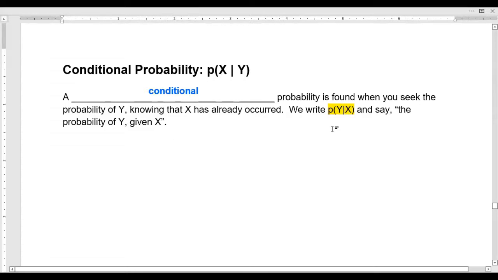Now, this is really very mathy of me to write it out this way. So let's think about an example. So I'll put one in here for us to think about. So consider the following three situations. Let's say I look at a room full of females, and I want to know what's the probability that somebody in that room is 6 feet tall.